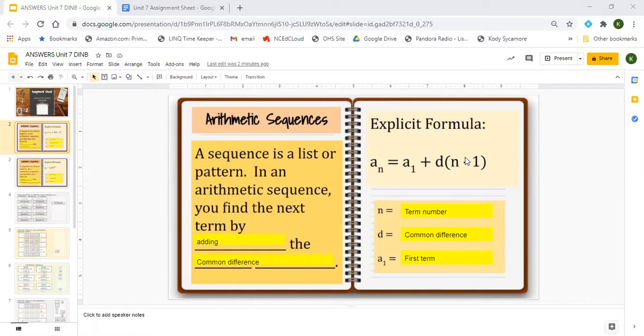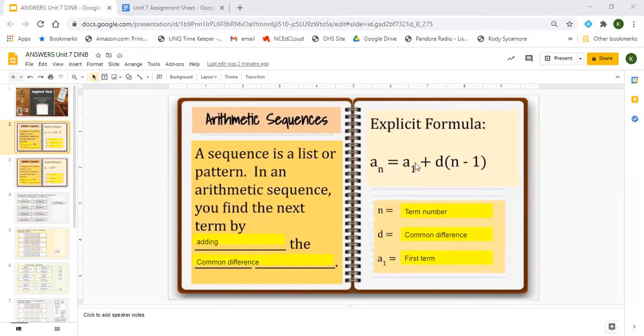Later today, and even more tomorrow, we'll be working with this explicit formula on the right. The explicit formula is not something you need to memorize. It will be given to you, and you should use it. There is a different formula for arithmetic versus geometric, the 2 types of sequences we're learning today.